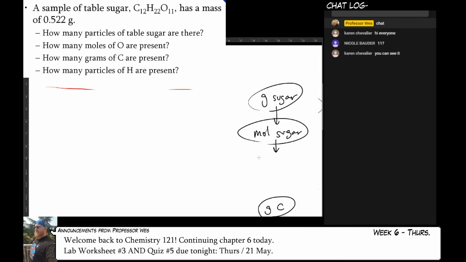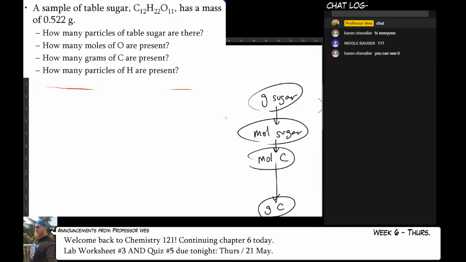And I know that I can turn moles of sugar into moles of any part of the sugar. So I could figure out the moles of carbon from this. And if I know the number of moles of carbon, I can figure out grams of carbon using the periodic table. So let me put those relationships in here.